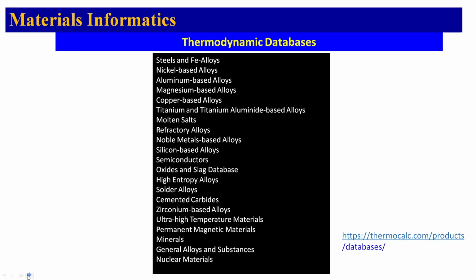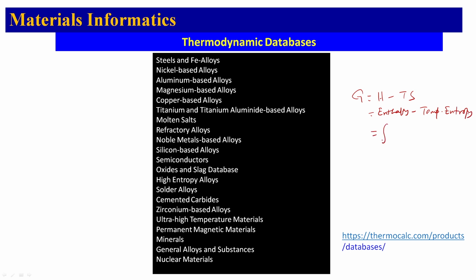Now, let us go to the next set of data, what is called thermodynamic data sets. In thermodynamics, an important function is the free energy, which is nothing but G = H - TS, where H is enthalpy, T is the temperature, and S is entropy.